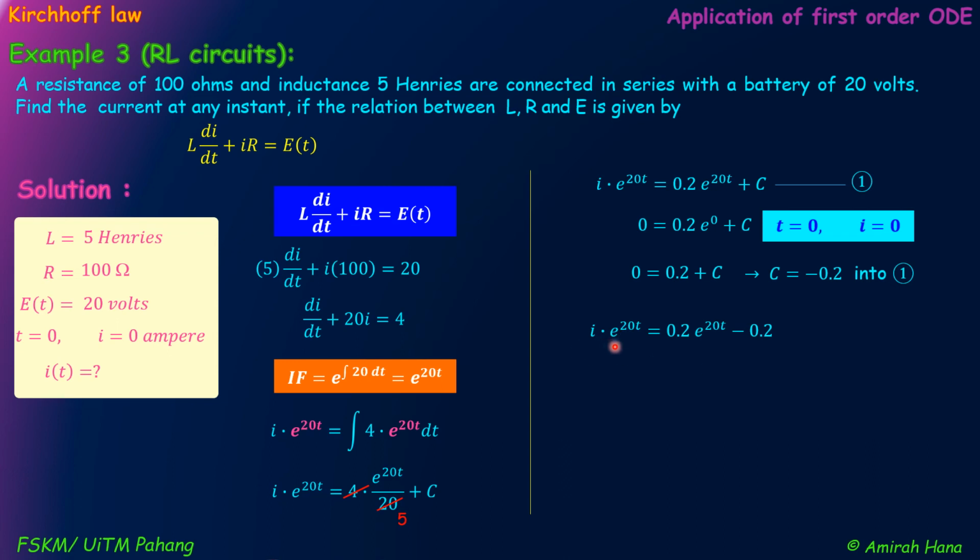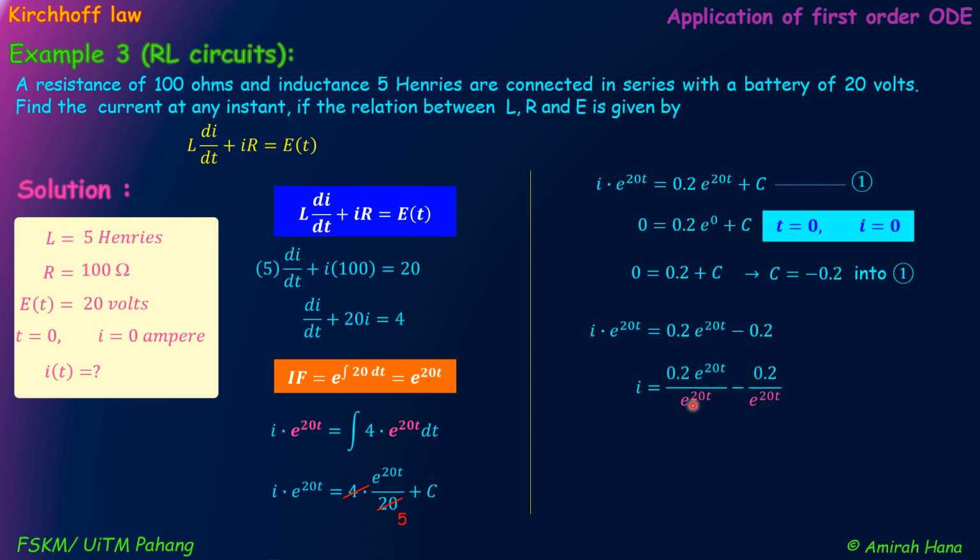Since this is a multiplication operation, after we move to the right hand side, we divide each term by e to the power of 20t like this, right? So from here we have I equals 0.2 e to the power of 20t over e to the power of 20t minus 0.2 over e to the power of 20t.